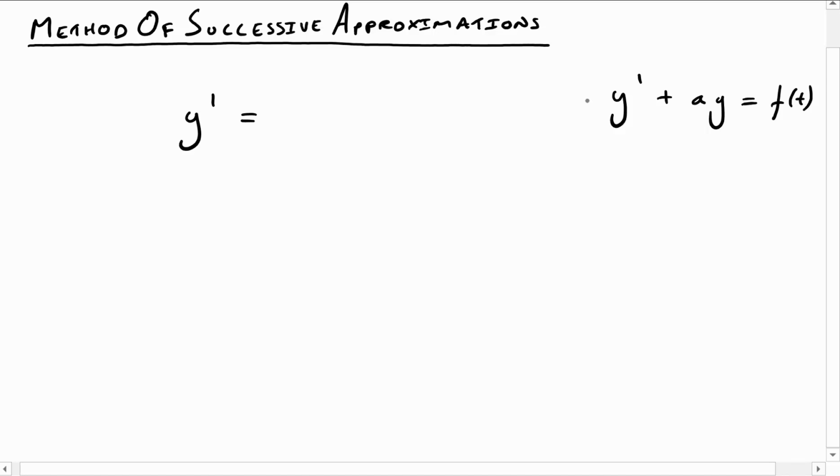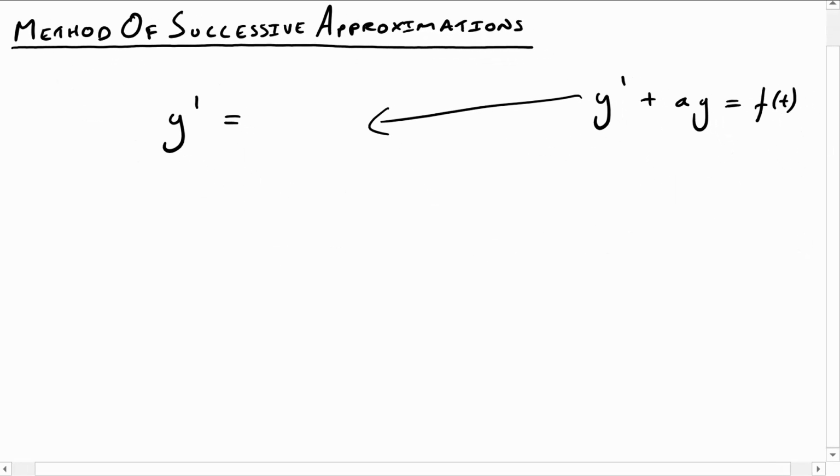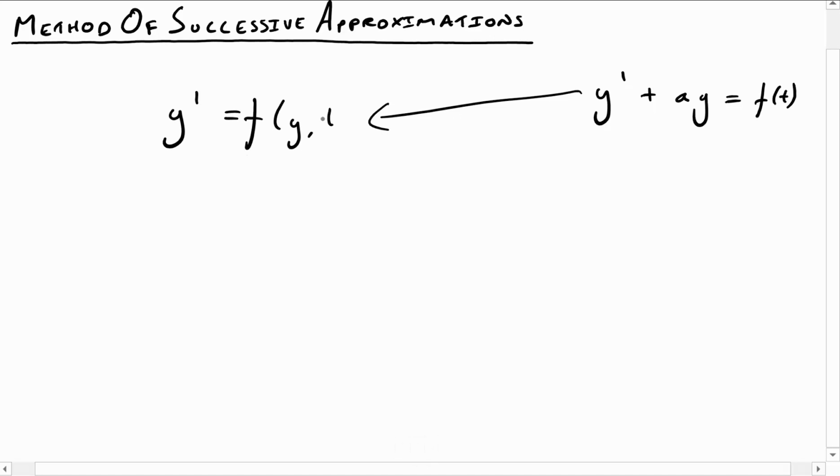Basically, we can rewrite that so that we have the first derivative on one side, and on the right-hand side just something involving y and our independent variable, so it'll be a function. Like I say, this may or may not be linear. It could be non-linear. It works in just the same way.